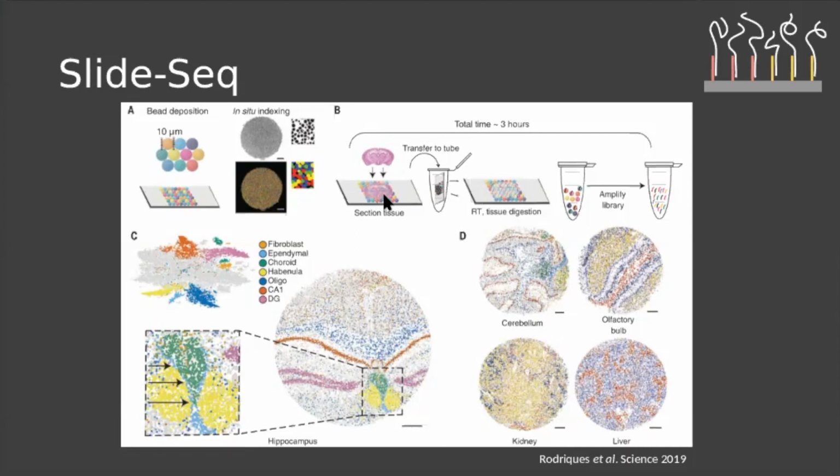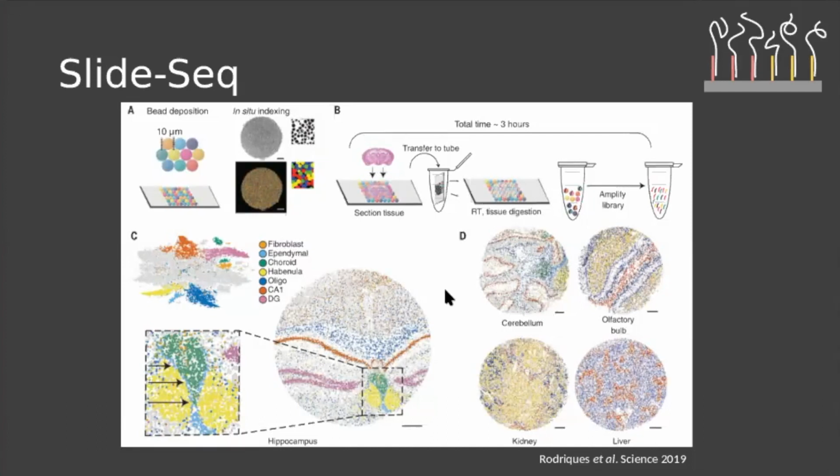They let the RNA diffuse out, get captured by the beads, and then they can transfer it to a tube. They do reverse transcription, tissue digestion, and then they can make the library out of these beads. By combining the read of the RNA and the known location of the bead, they can reconstruct the sequencing results spatially.